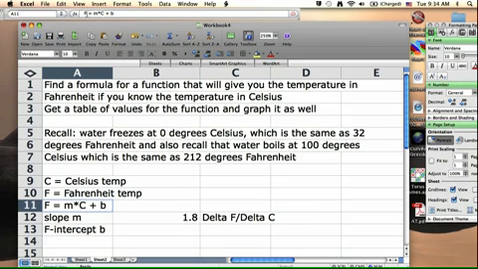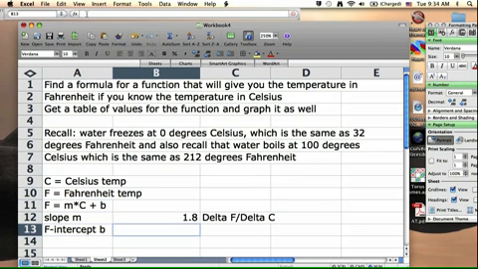Look at the formula there. When C is 0, freezing, you would get m times 0 plus b, which is 0 plus b, which is just b, which has to be 32, because we know for Fahrenheit, freezing is 32. So the intercept must be 32.